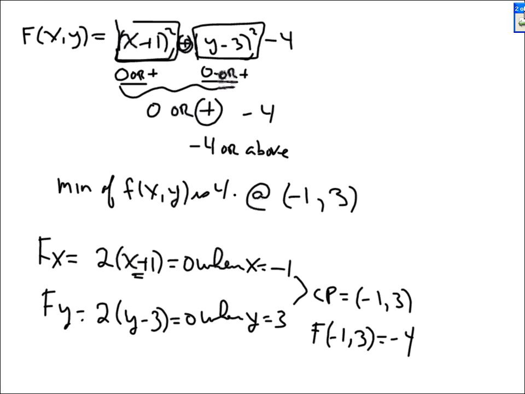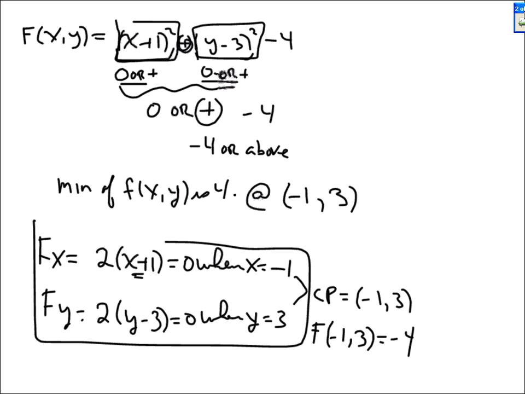And even the calculus showed that. We found our critical point, we evaluated it, we got negative 4. You really should be able to do it, finding that min, without doing any calculus at all. Just say, yep, that's what it is.